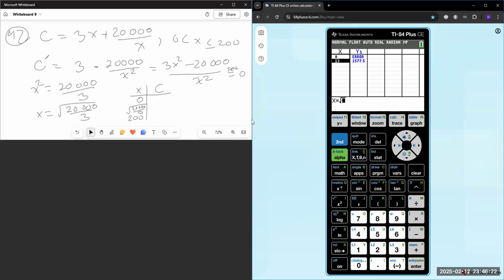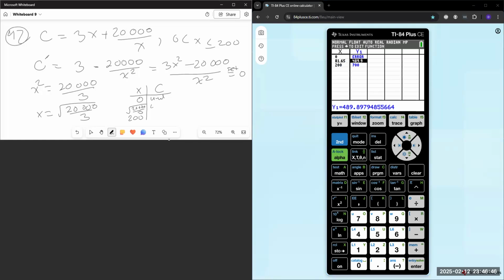Square root of 20,000 divided by 3, all inside the square root sign, is that number, and then 200 is this. So I have this is undefined.